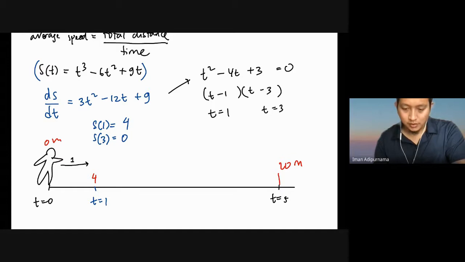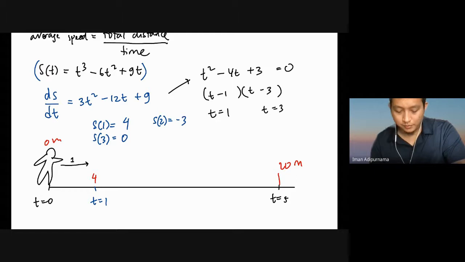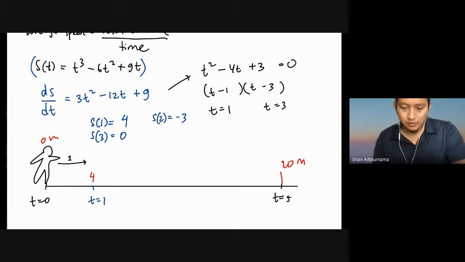You can also check S2 if you want: 8 minus 24 plus 18 is 2... so it is going way back, right?